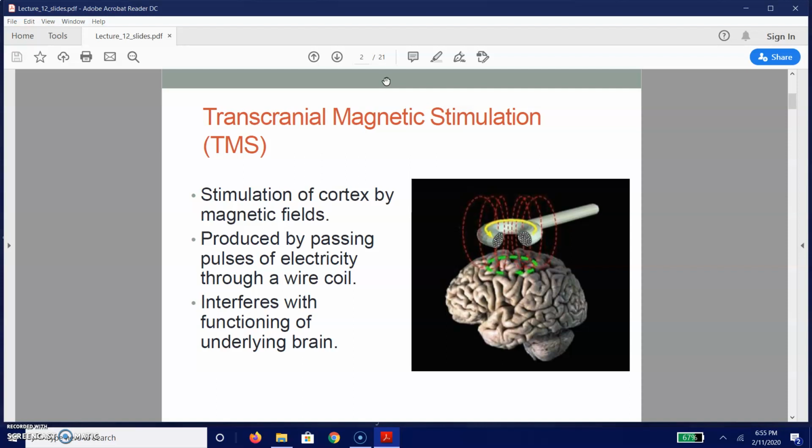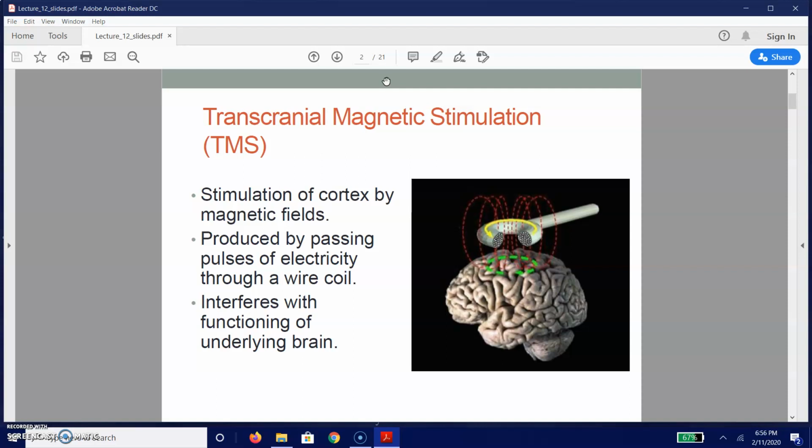Now, usually we will use TMS to impair that activity, but sometimes we do want to facilitate it and enhance it. Typically, what we will find is that these magnetic fields will either cause many neurons to fire, or if it's repetitive, it can actually inhibit a neuron.